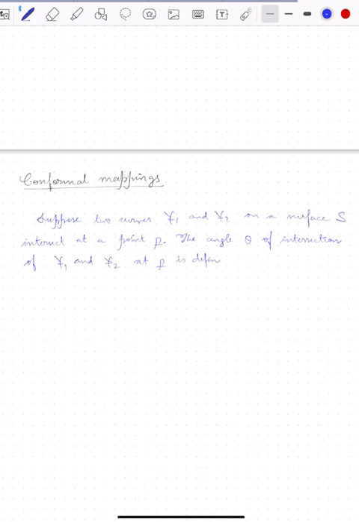And this is defined as the angle between the tangent vectors gamma 1 dot and gamma 2 dot, and both are evaluated at t is equal to t01 and t is equal to t02 respectively.